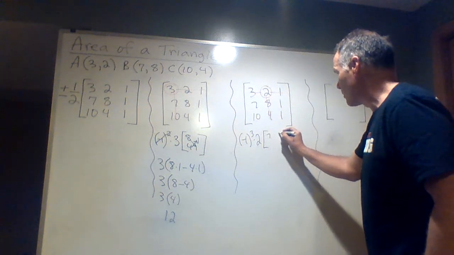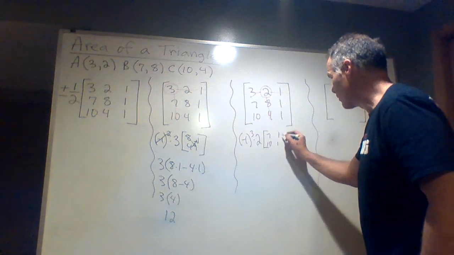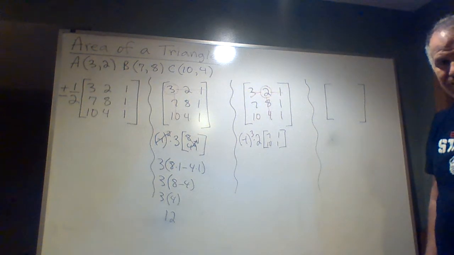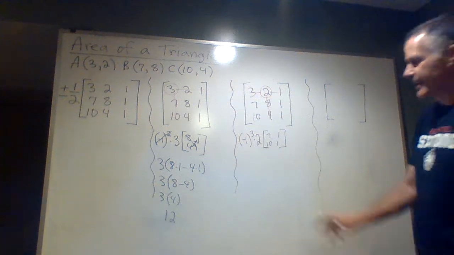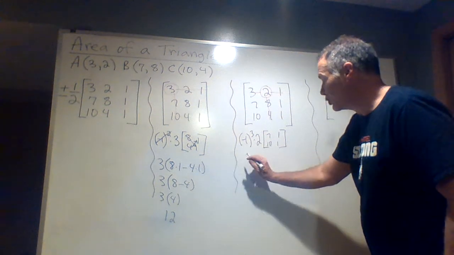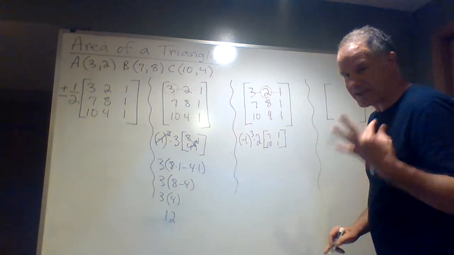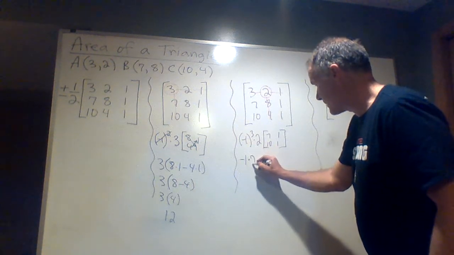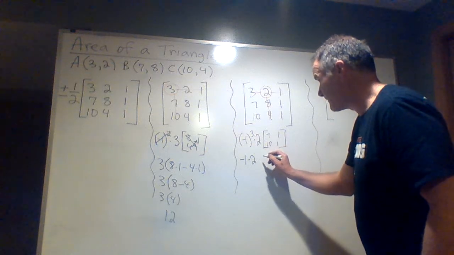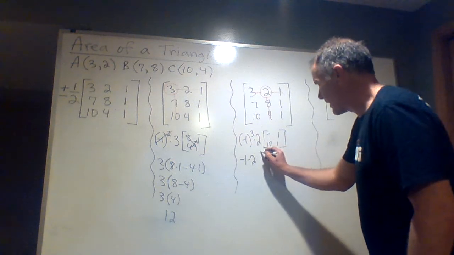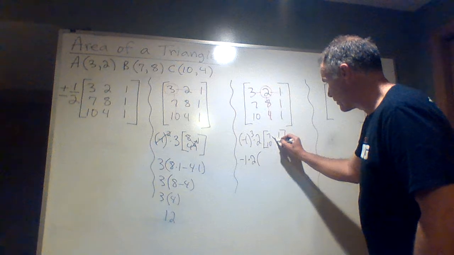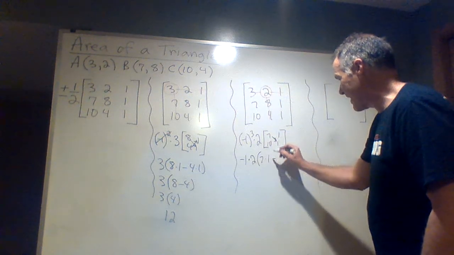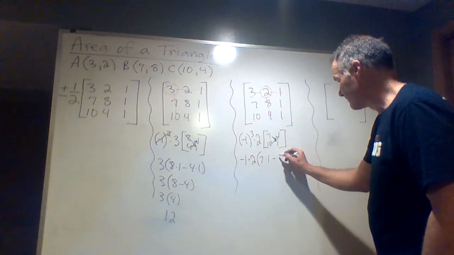So 7, 1, 10, 1. Everybody good there? Now remember, a -1 cubed stays. So -1 three times stays negative. So -1 times that 2, and then this is where I want to put that parentheses because this is where we do that cross multiply. So 7 times 1 minus 10 times 1.